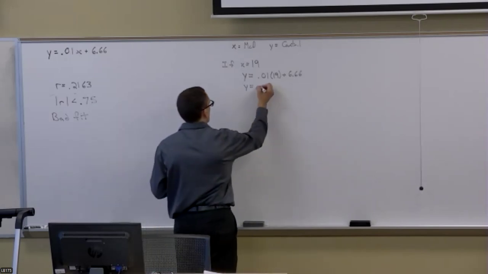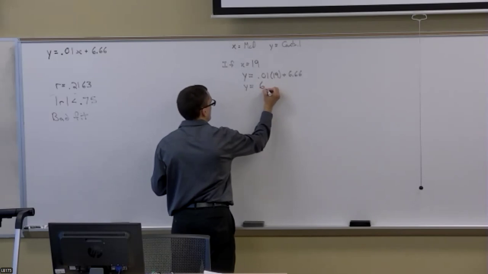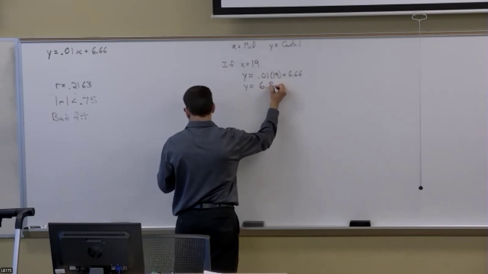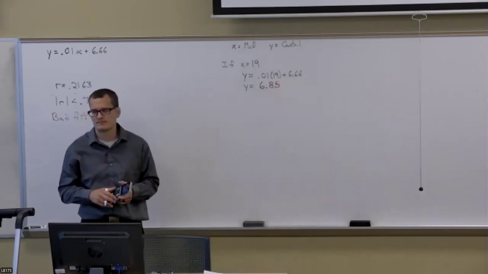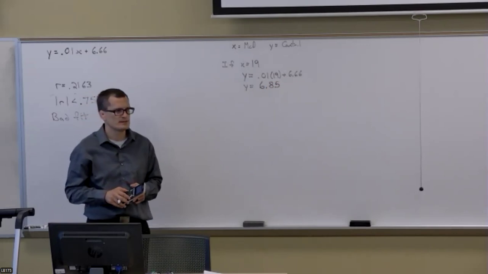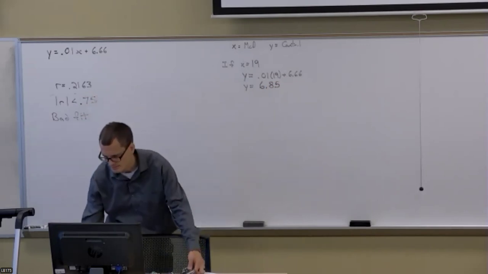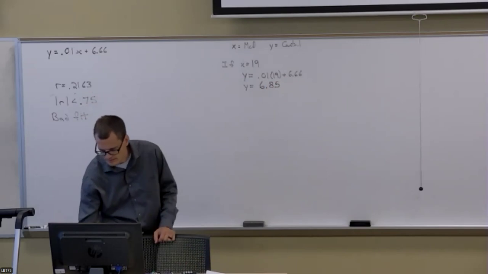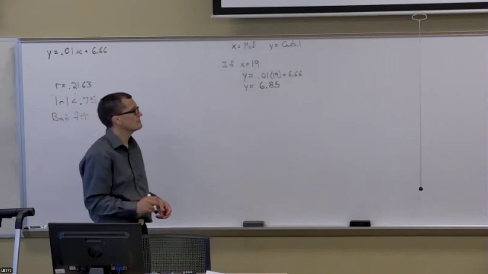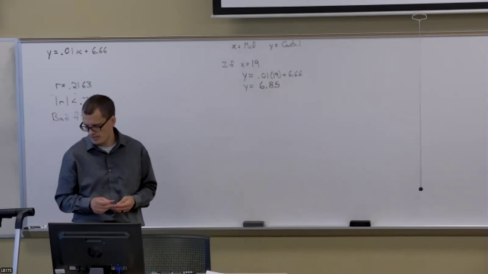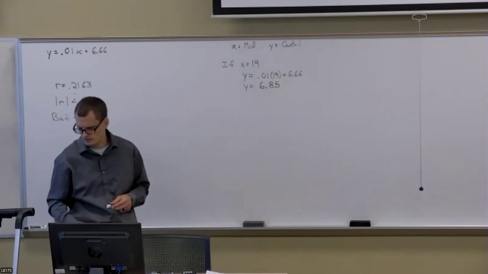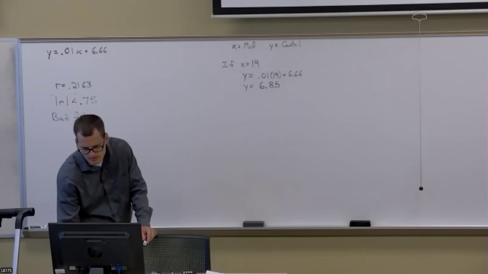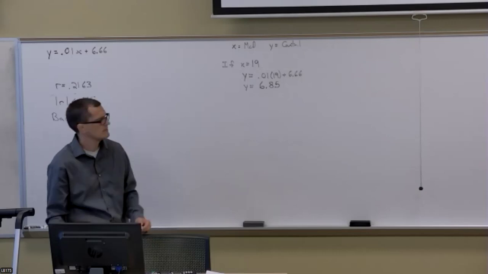It would predict the overall level of happiness as measured by the Cantrell ladder score to be 6.85. Any questions about that? Is that pretty straightforward? Hopefully.